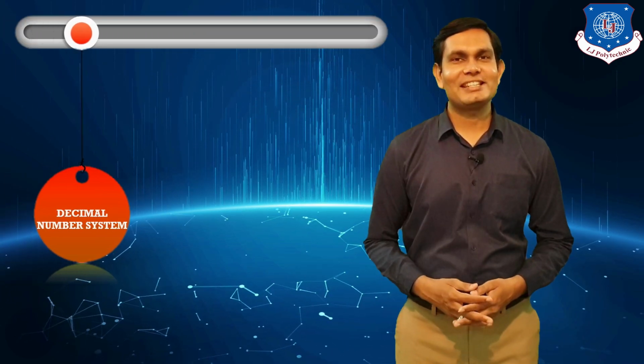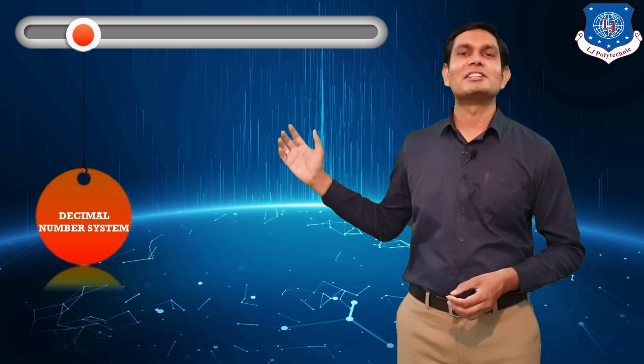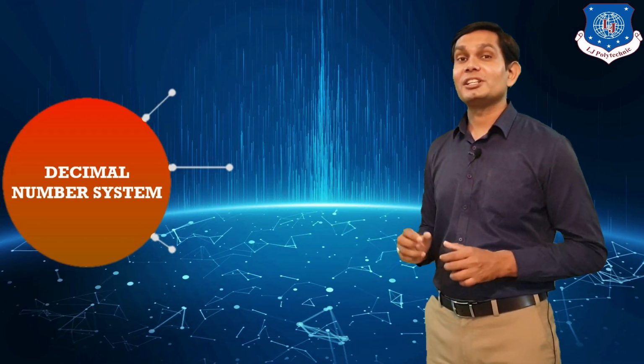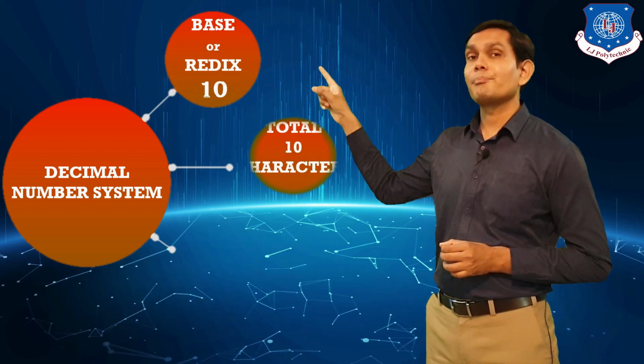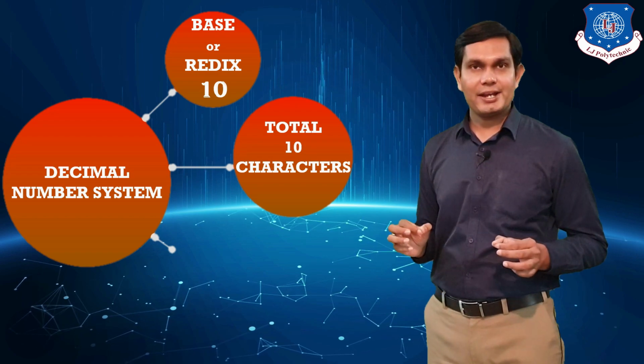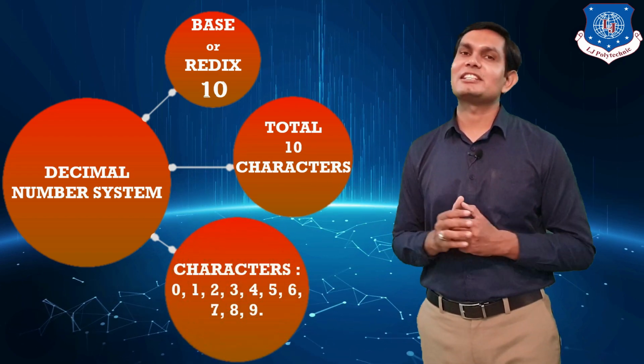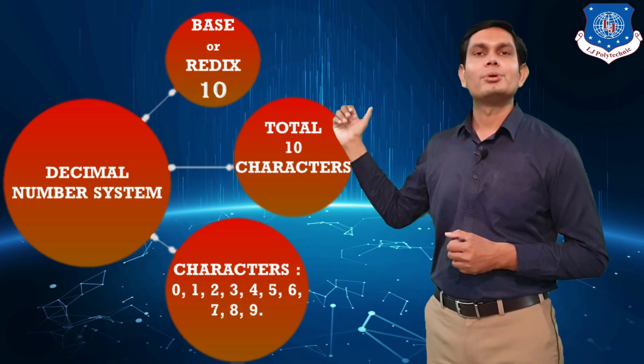Now you can see some variations in our number system. Suppose we have the decimal number system, then you must write 10 as the base or radix, and there are 10 characters in the decimal number system, 0 to 9.